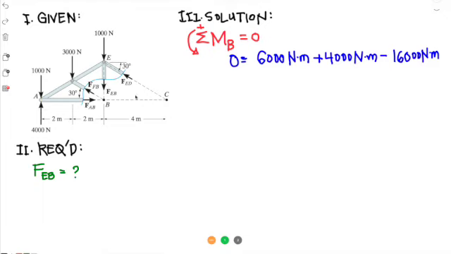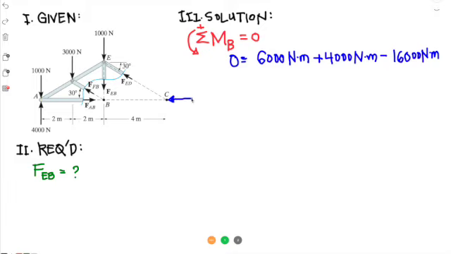So for FED, we will apply the principle of transmissibility of the vector. We either slide it at point E and resolve it into components, or at point C. So it's easier to slide it at point C and resolve it into components.